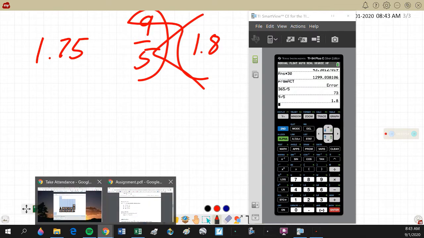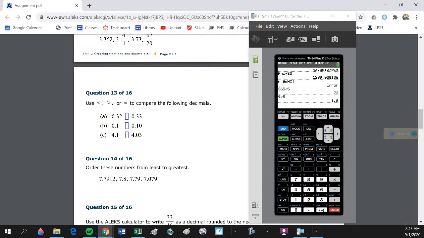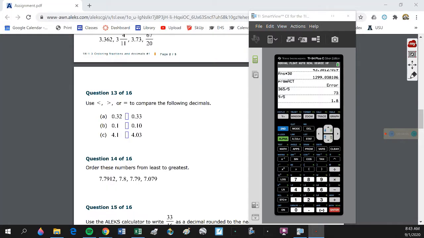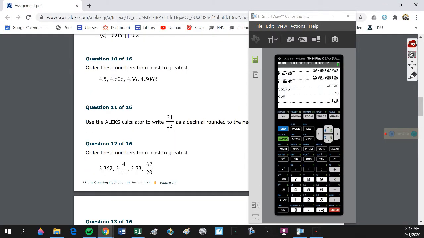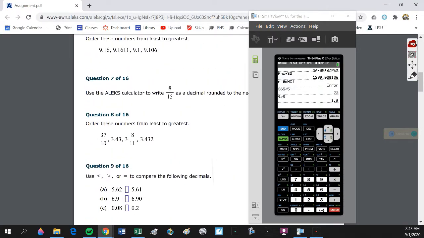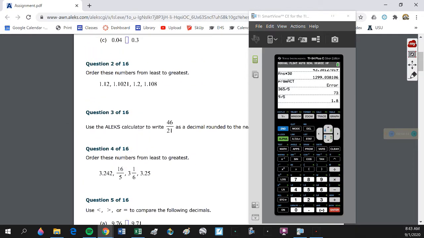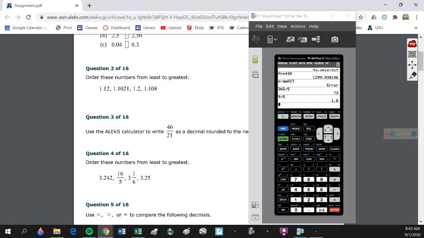All right. If we look at our ALEKS assignment. Oh, wait a minute. That's not how I want to do this. I want to push that button. Okay. So here are some example questions of what you will see. Order these numbers from least to greatest.